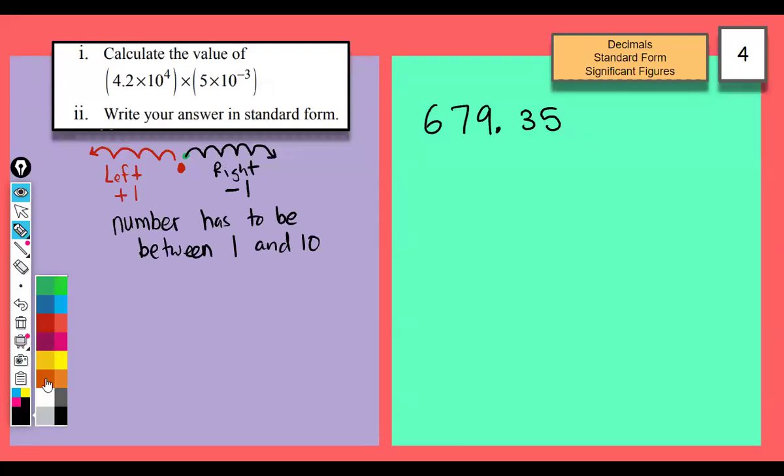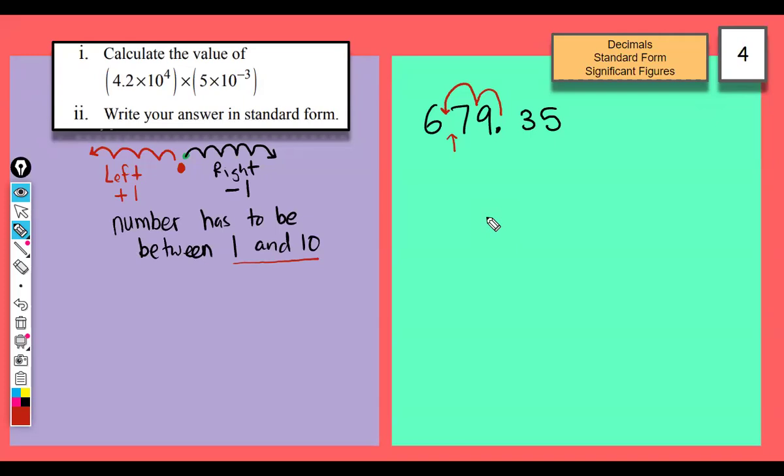To make it between 1 and 10, we move the decimal point in between the 6 and the 7, so it's 6.7 something. Count the jumps: 1 jump, 2 jumps, hopping over the numbers until it reaches the correct place.